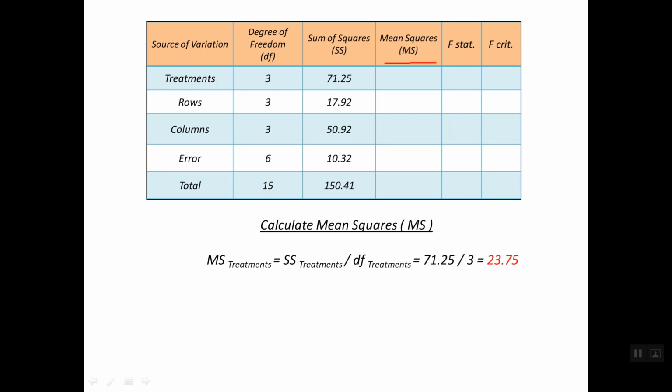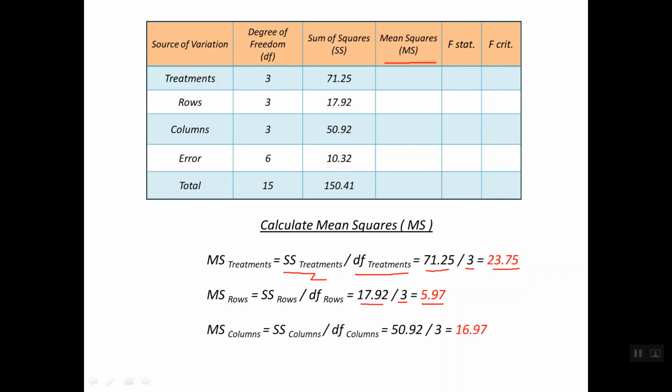So for the mean square of the treatment, we should divide the SS of the treatment by the degree of freedom for the treatment. This is the SS for treatment, and this is the degree of freedom for the treatment, and this is the mean square of the treatment. The same way for the rows, this is the SS for the rows, and this is the degree of freedom, and this is the MS for the rows.